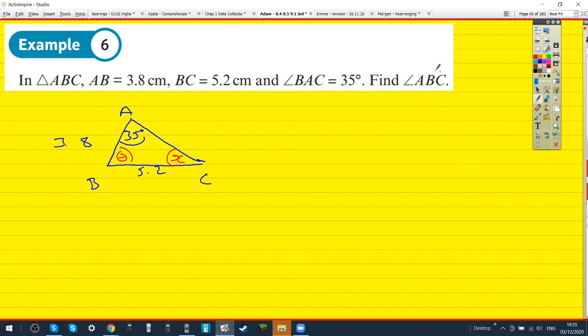So it'd be as in like the corner C, which is X. Yep. So could you do 5.2 over sine 35 equals AC over sine X? Yep. Is equal to 3.8 over sine X. And this will work.